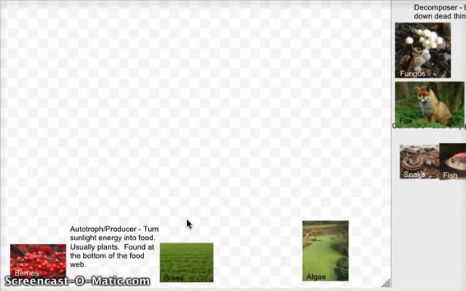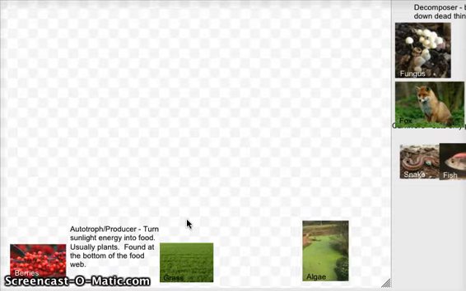Basically, a producer or autotroph is something that can use sunlight to make food. So they do photosynthesis, and we'll talk more about that later on in the class. They're usually found at the bottom of the food web, and they don't have any arrows going to them because they're not eating anything. They're taking in nutrients from the ground, but they're not really eating. They make their own food from sunlight.